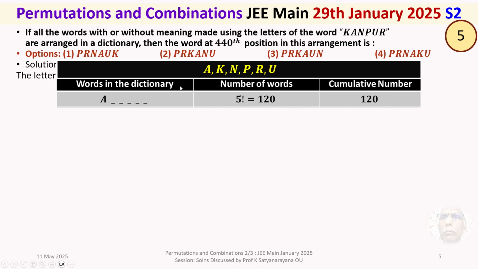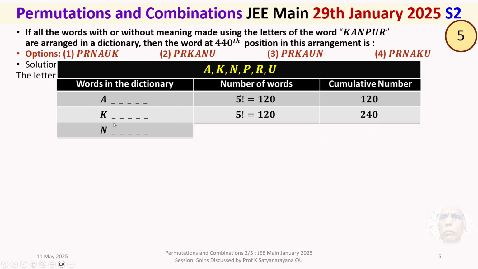After A, K, all those words which start with K, and 5 places, and the remaining 5 letters can be filled in 5 factorial ways, that is 120. We have already counted 120, the cumulative is 240. The next will be N, and 5 places, 5 letters, 5 factorial ways, so you will get 120 words, and the cumulative is 240 plus 120, 360.